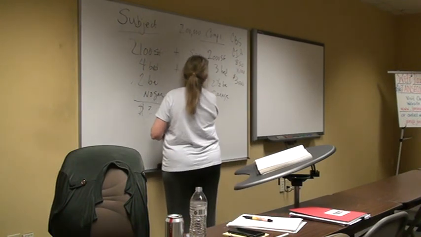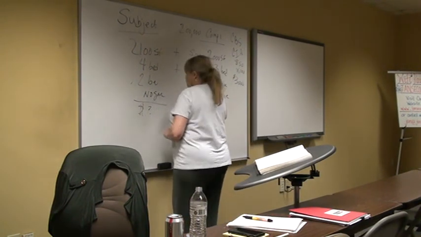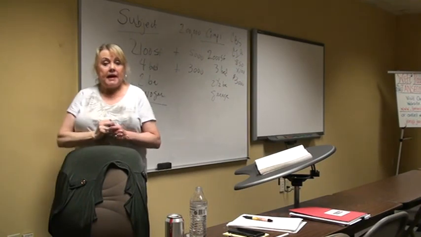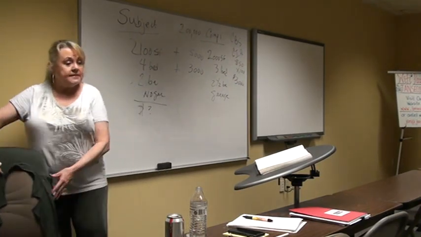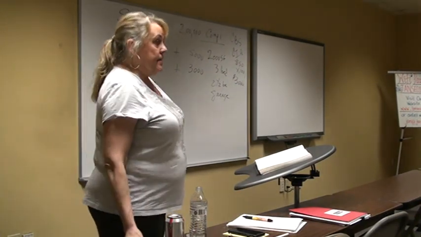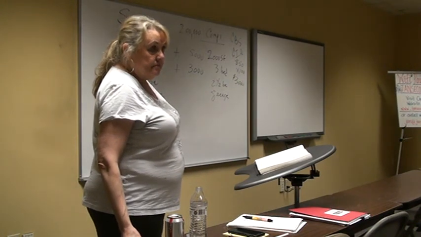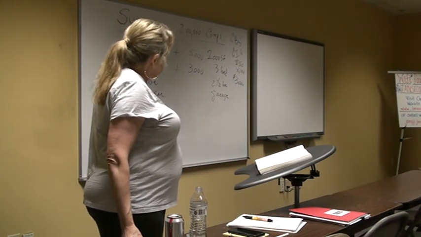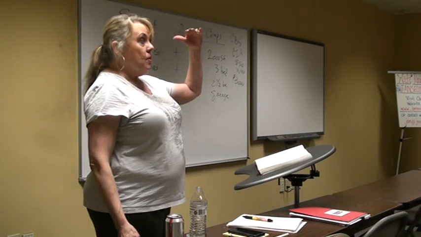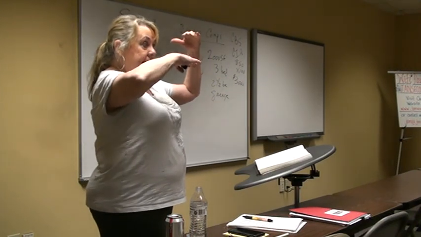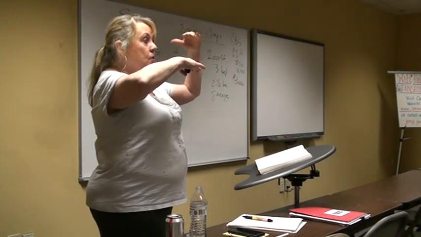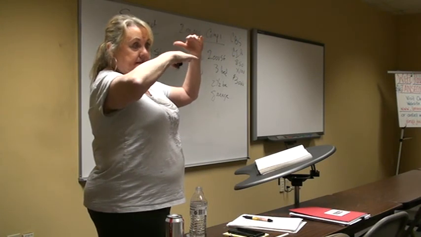Now we know that somebody would probably pay more for the subject to get another bedroom. Does that make sense? Let's look at the bathrooms. The comparable has 2.5 and the subject's here. So the comparable is better in bathrooms than the subject.